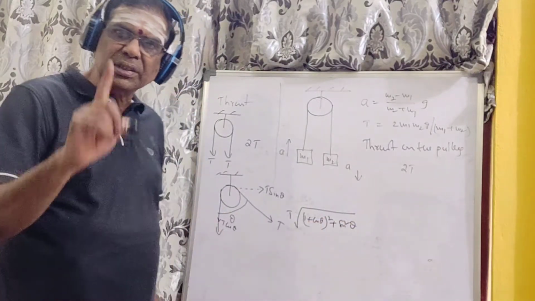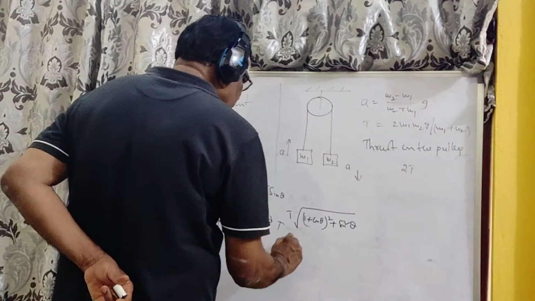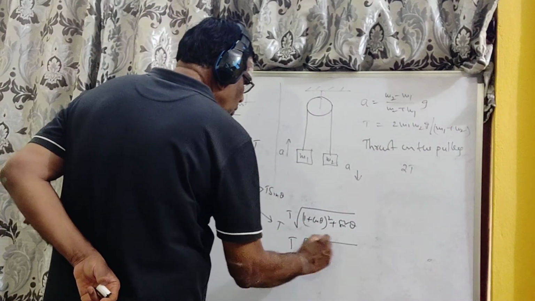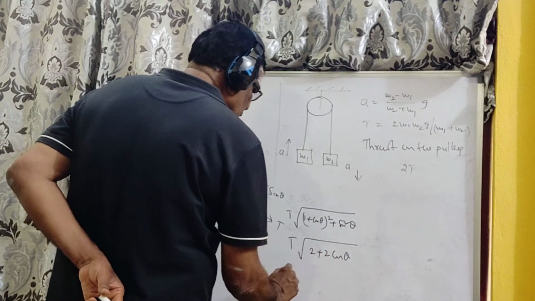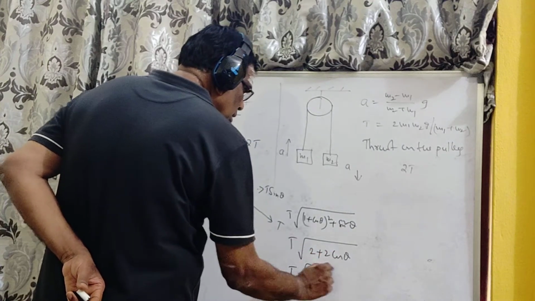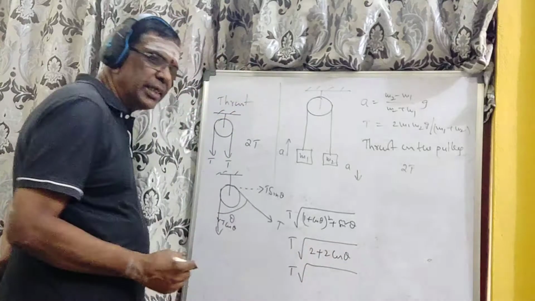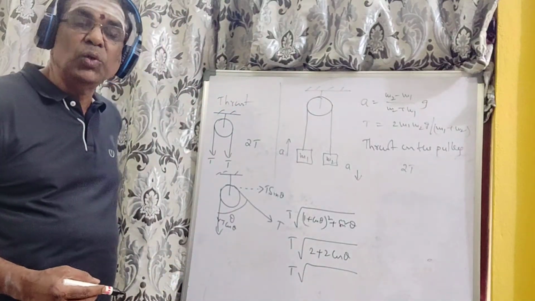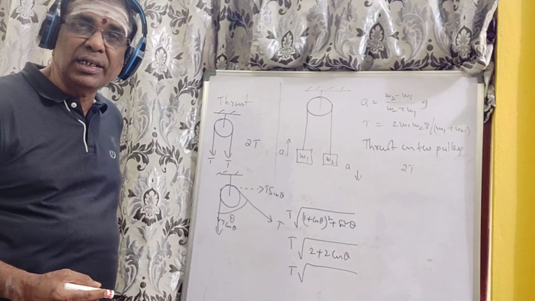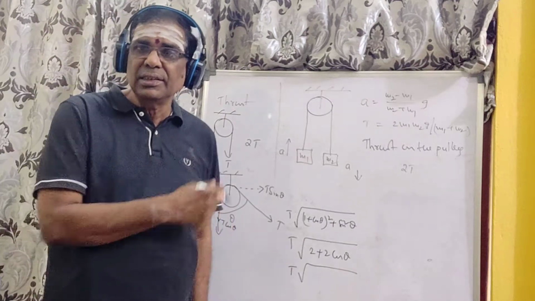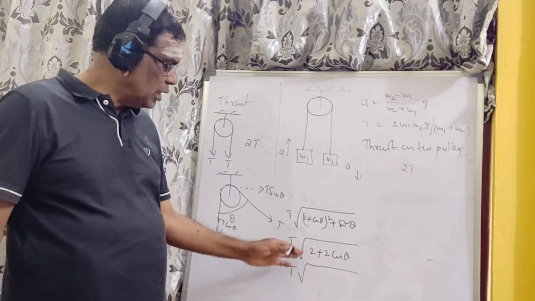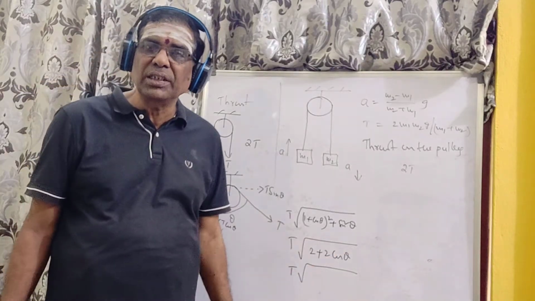Sin square theta plus cos square theta is 1. So you will get 2 plus 2 cos theta, or 1 plus cos theta is 2 cos square theta by 2. I think in the vector notation when I was discussing, I have probably given you this.